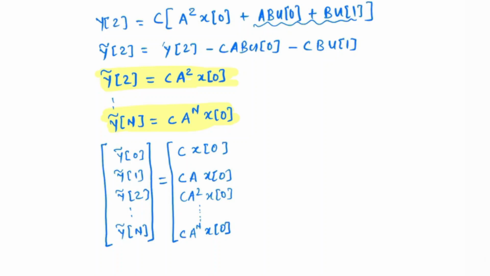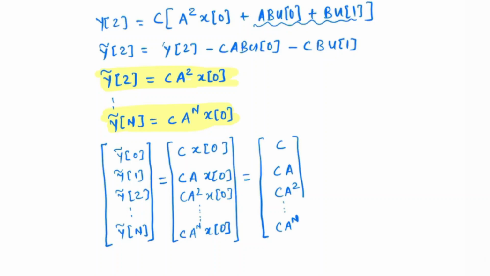All right. So we have this equation. If we were to take this x naught as a separate entity, we'll get a matrix C, CA, CA square, and so on up to CA power n, into x naught.